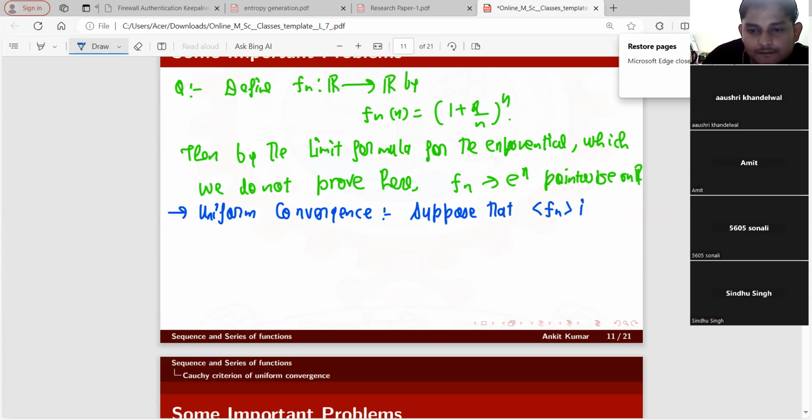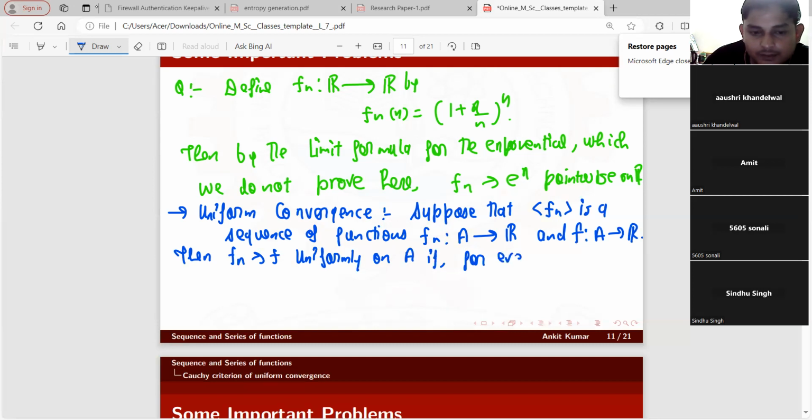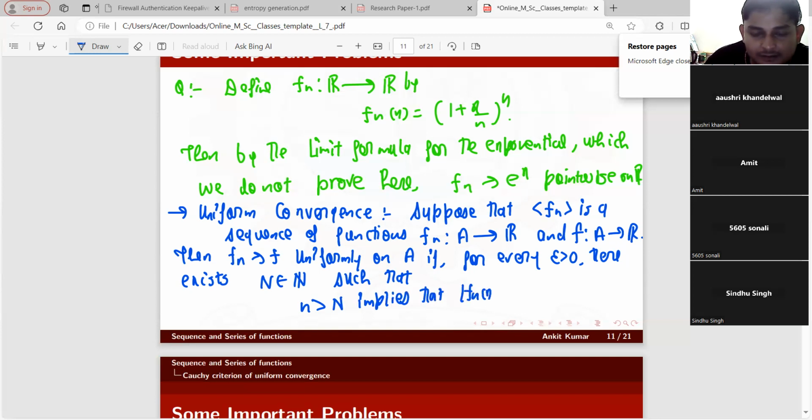Suppose that f_n is a sequence of functions f_n from A to R, and f from A to R. Then f_n tends to f uniformly if for every epsilon positive there exists N belonging to the natural numbers such that n greater than or equal to capital N implies that mod of f_n(x) minus f(x) is less than epsilon for all x belonging to A.